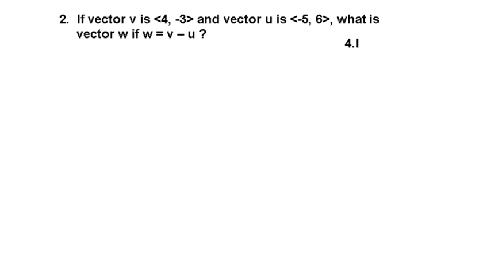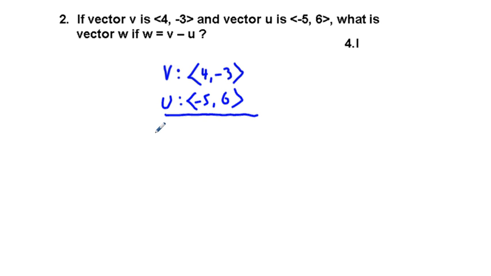If vector v is 4, -3 and vector u is -5, 6, what is vector w if w equals v minus u? You can write this a number of ways. If we take v and subtract u, we have vector v is 4, -3, and we subtract from it vector u, which is -5, 6.